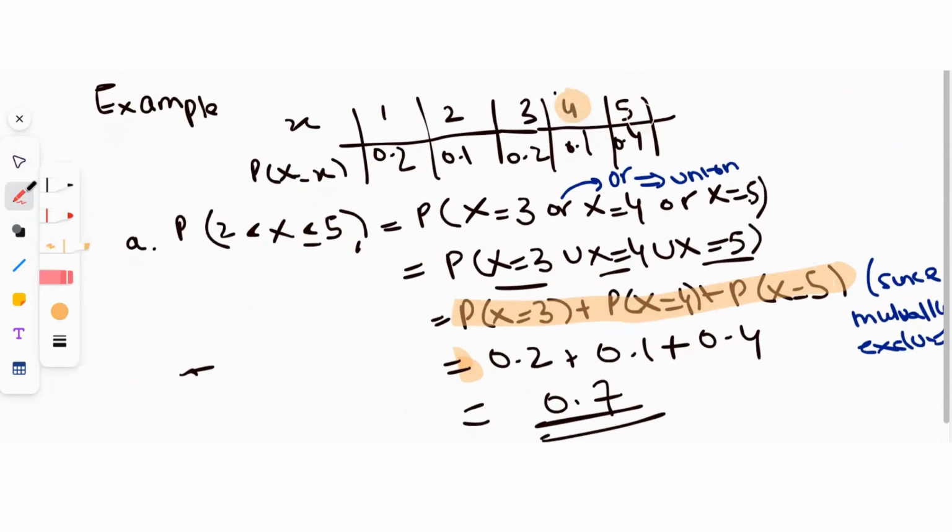The values are 4 and 5, so we sum the PMF values 0.1 plus 0.4.